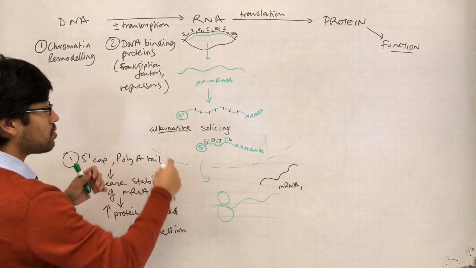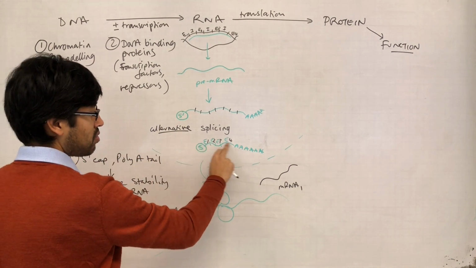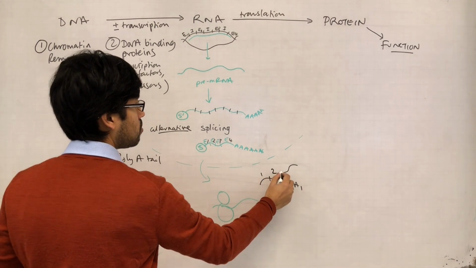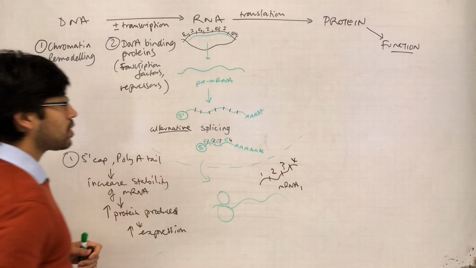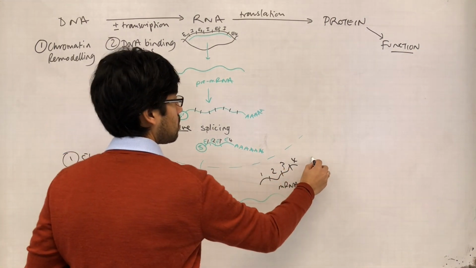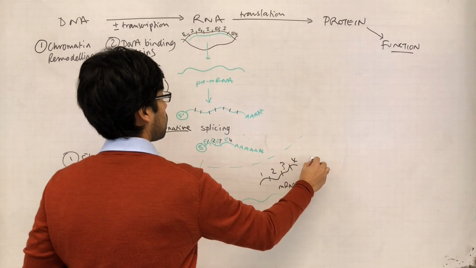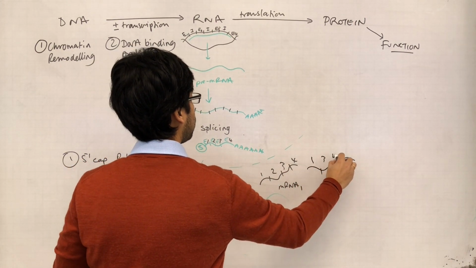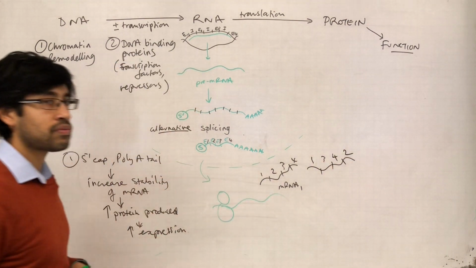So for example, at this stage, just as we've produced this mRNA number 1 with exon 1 joined to 2, joined to 3, joined to 4, at this point we could have equally joined exon 1 to exon 3 to exon 4 to exon 2.